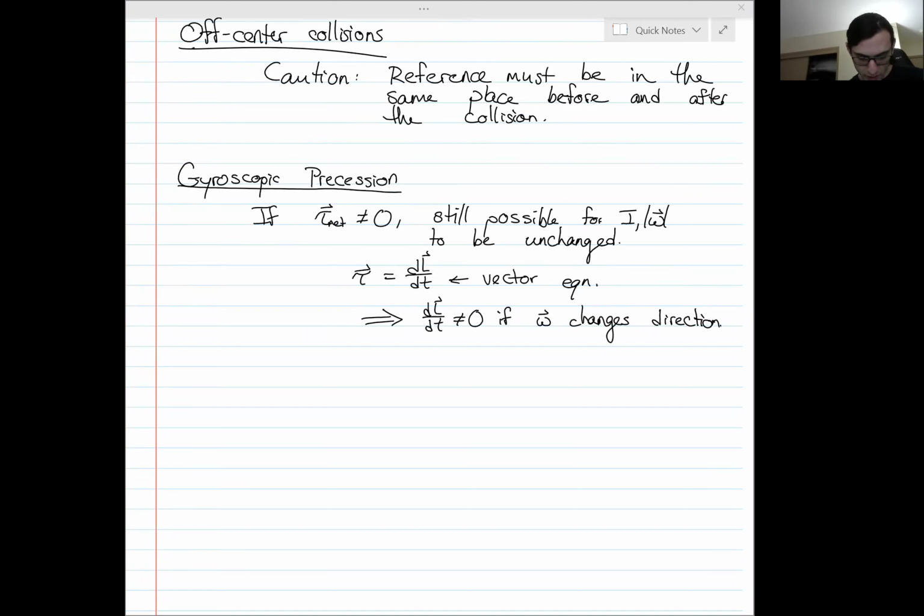So let me just find a really quick video to show you an example of gyroscopic precession. I wanted to show you the Veritasium video because it's excellent, but it's being very slow and not loading.